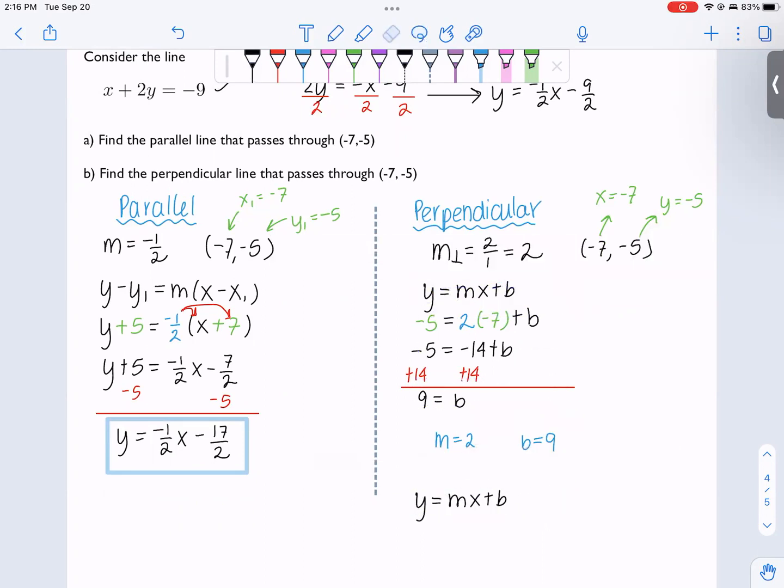That's kind of the hard part when you do it this way, remembering to replace everything. So our slope is 2. Our y-intercept is 9. So we have y equals 2x plus 9. That is our perpendicular line that passes through the point -7, -5.